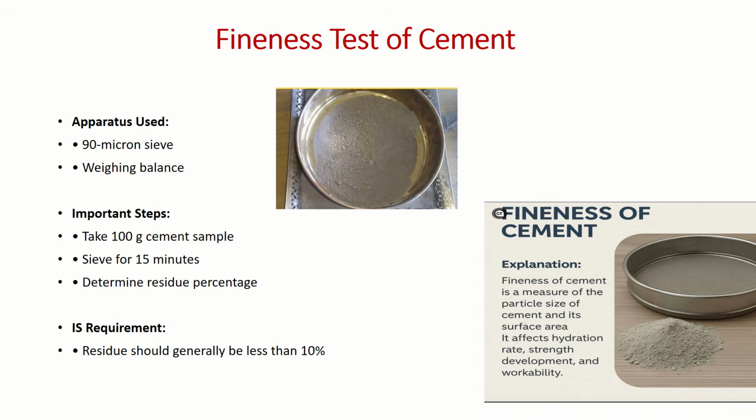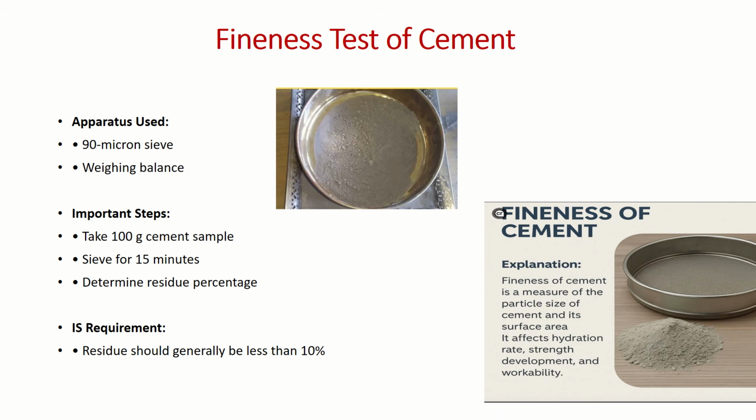Starting with the fineness test, cement is sieved through a 90 micron IS sieve, and the residue should not be retained more than 10%. We take 100 gram of sample and sieve it for 10 to 15 minutes, and see what residue is left over the 90 micron IS sieve, meaning particles larger than 90 micron.